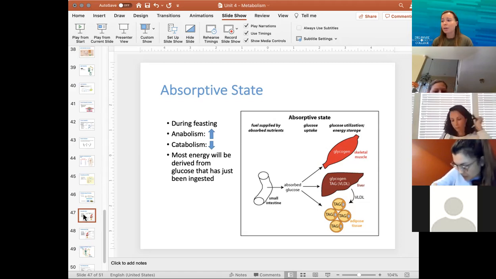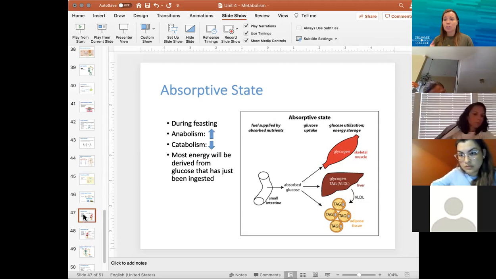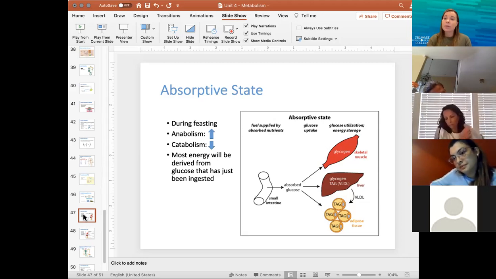Okay, and then you have written there in your outline that fats and amino acids that have been ingested will be used to make new proteins. Remember, any proteins you eat are broken apart into amino acids and then reused typically. And then fats will be used to replace the fat stores that you maybe had to use up in the previous hours when you had not been eating.